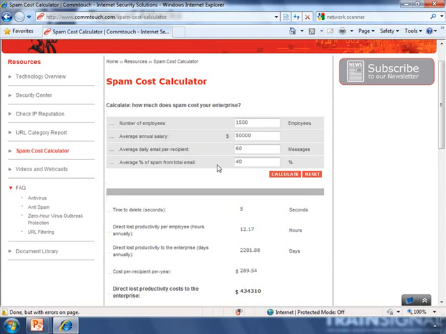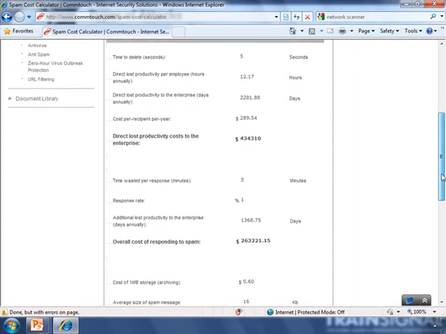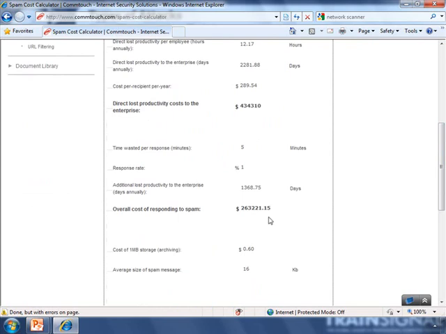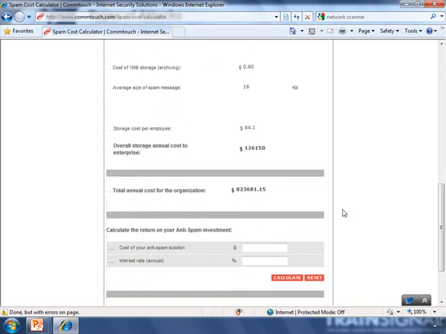With those numbers, spam costs this company over $400,000 a year just in lost productivity. And if people are actually responding to even just 1% of those emails, it costs the company another $263,000 a year. Then there's the cost of storing all that extra email, that's spam, for a grand total of over $800,000 a year. Spam's not cheap.